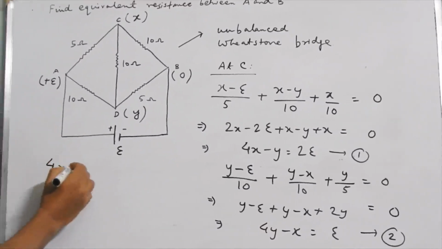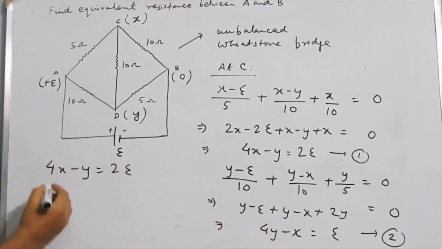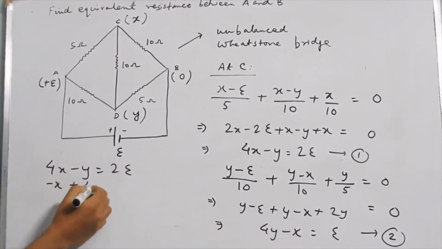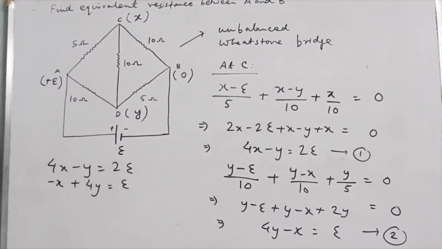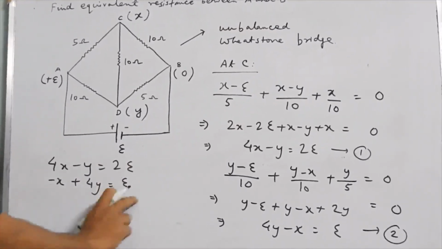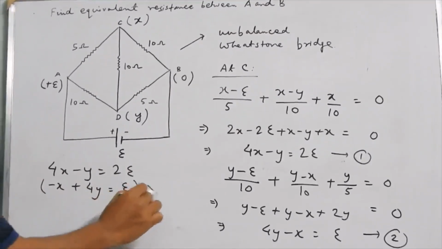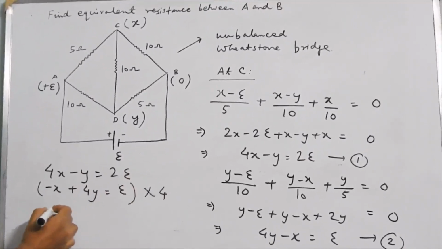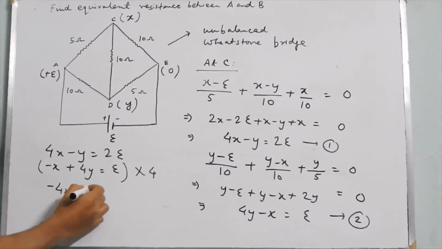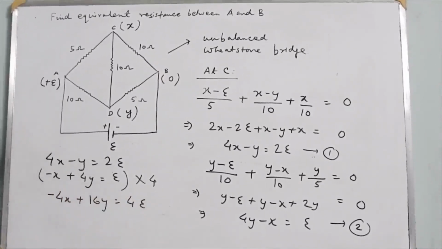So 4x minus y is 2 epsilon. The second equation can be written as minus x plus 4y equal to epsilon. Now we can multiply the second equation by 4. So what we get is minus 4x plus 16y is equal to 4 epsilon.